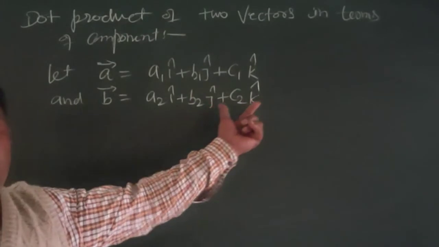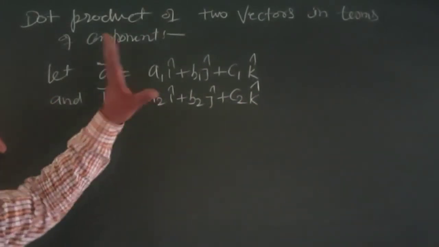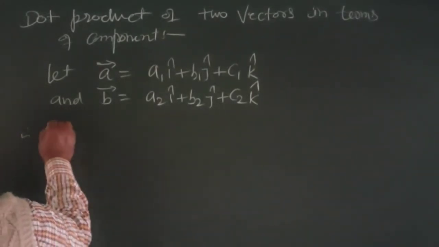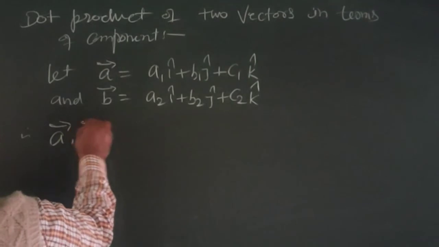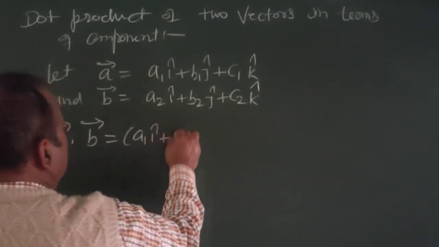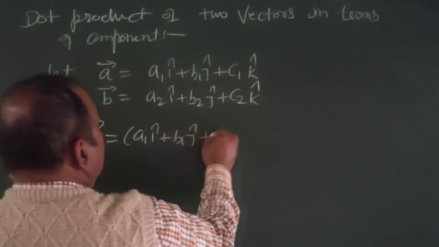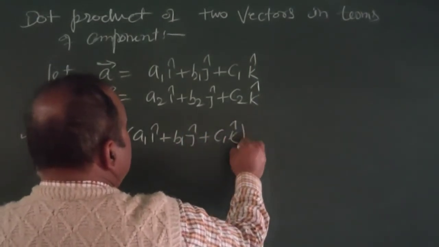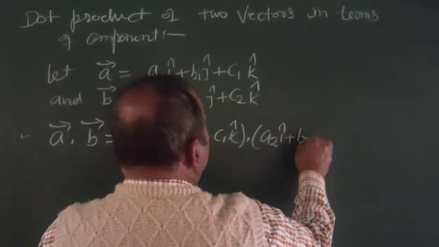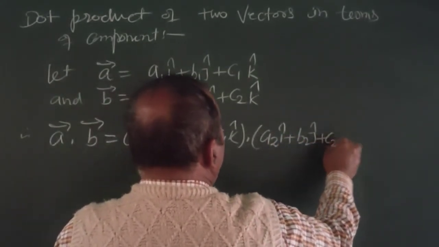Let A2, B2 and C2 are the component of the B vector along x-axis, y-axis and z-axis. Therefore, A dot B will be is equal to A1i plus B1j plus C1k dot A2i plus B2j plus C2k.